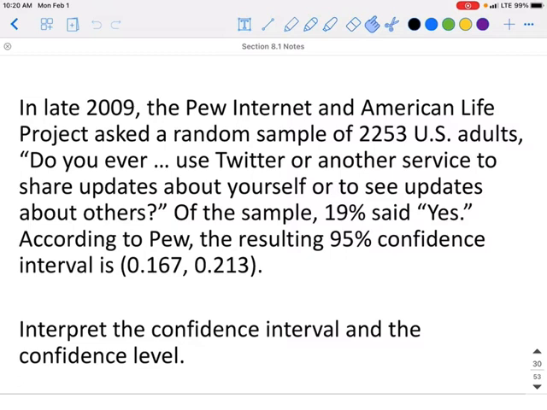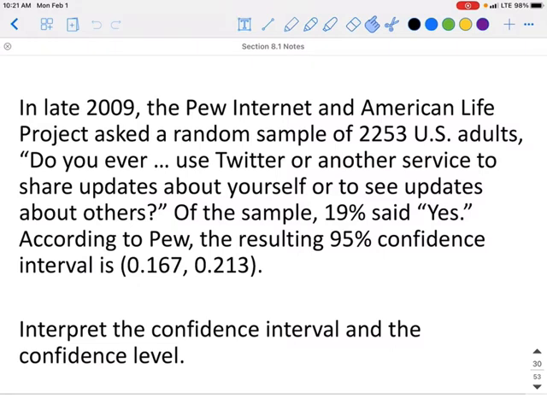Remember, this was from 2009. Of the sample, 19% said yes. According to the Pew results, the 95% confidence interval is 0.167 to 0.213. Interpret this confidence interval and the confidence level.